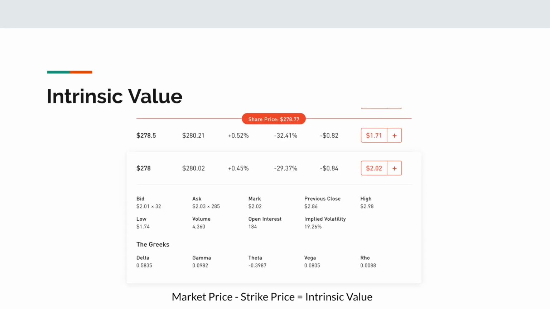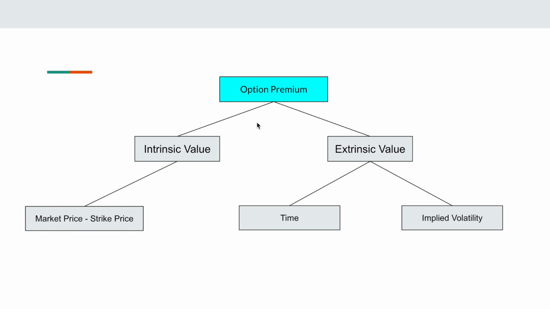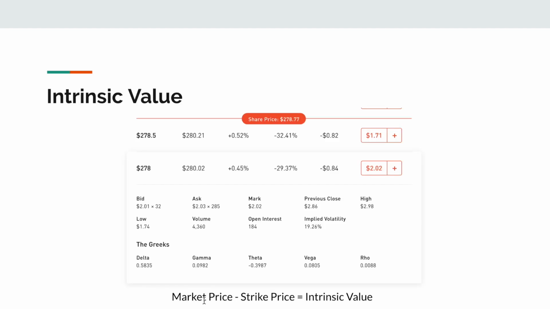Just to recap a little bit, an option premium, which is the total cost of the option as we showed you in the previous video, which is the $2.06, for example, multiplied by 100, is made of two different sections: intrinsic value and extrinsic value. Intrinsic value is the market price minus the strike price.